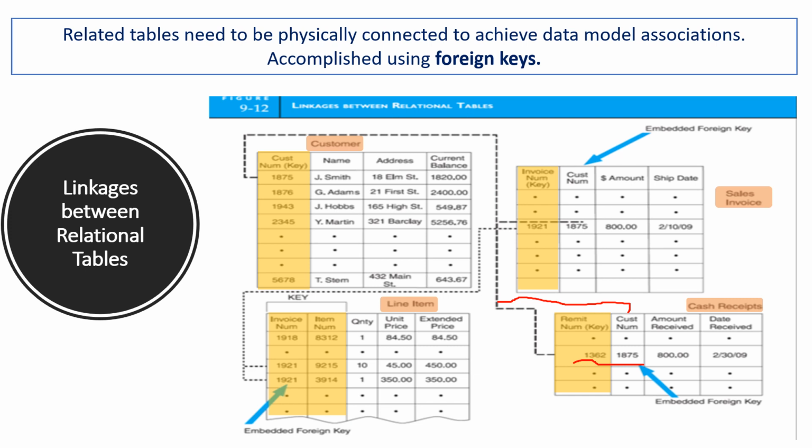Here we see that the customer number is also the embedded foreign key, where it is connected to the customer table. You will see here that this primary key 1875 is the foreign key here, but it is connected to the primary key in the customer table, 1875. Okay, and the same goes for the line item table.